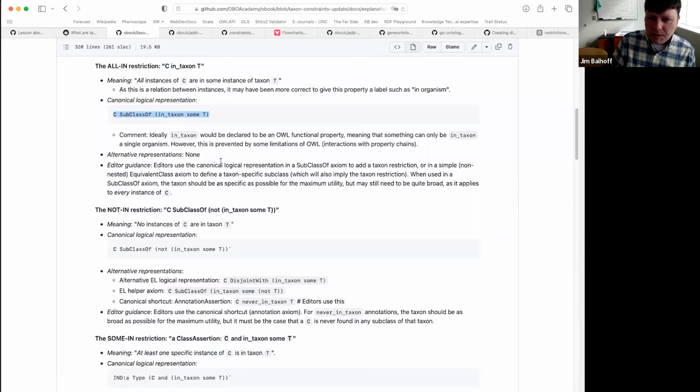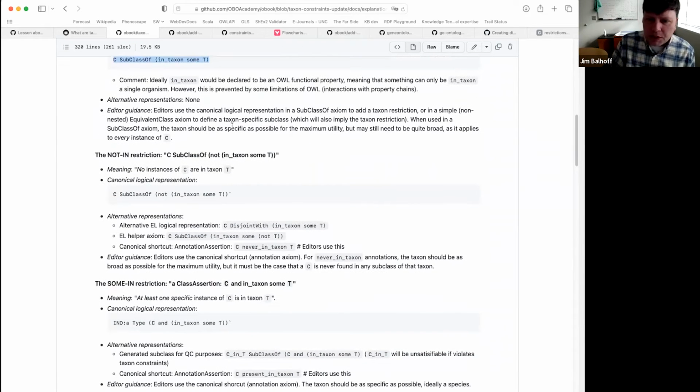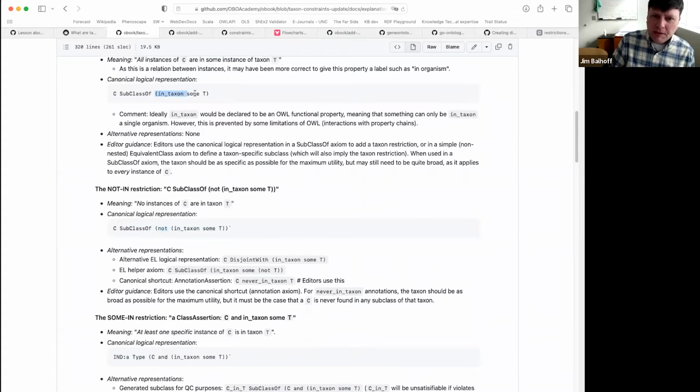And then I skip a little bit of this here because I have more detail later. Not in is kind of covered already. No instances of C are in taxon T. So if something is in taxon T, it can't be in the class C. There's a basic logical representation for it, something like not in-taxon some T. So it's very similar to the expression here, but it's just the complement of that.